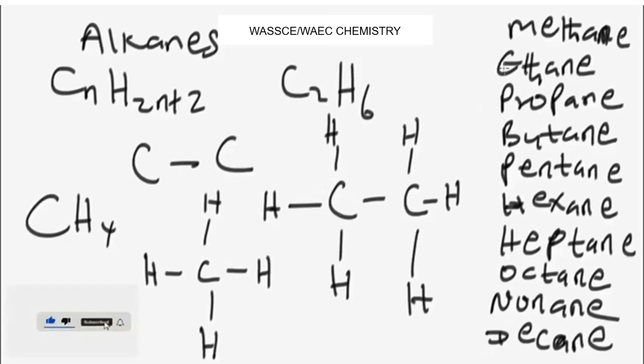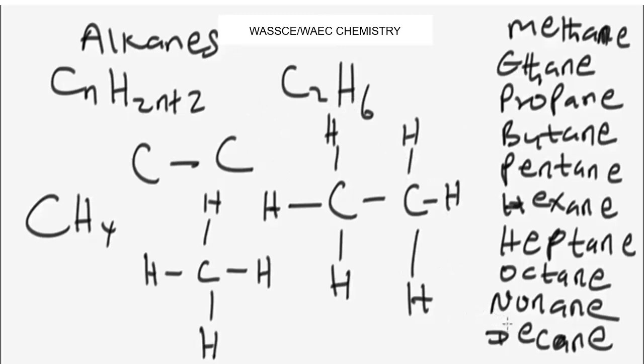As you move down this series from methane to decane, just know that methane has one carbon atom, ethane 2 carbon atoms, propane 3, butane 4, pentane 5, hexane 6, heptane 7, octane 8, nonane 9, decane 10 carbon atoms. So once you know the number of carbon atoms, you'll be able to write the proper chemical formula.